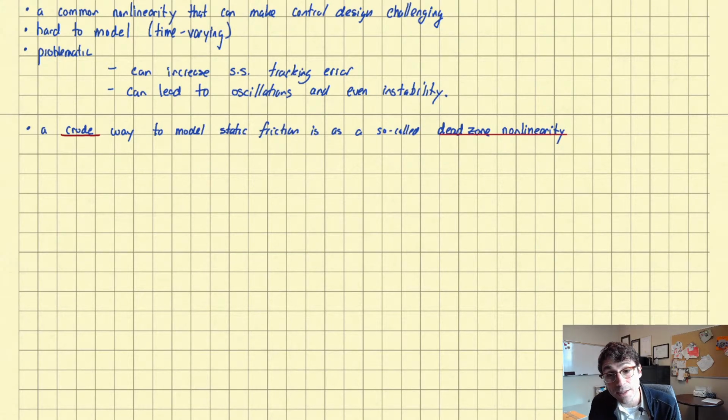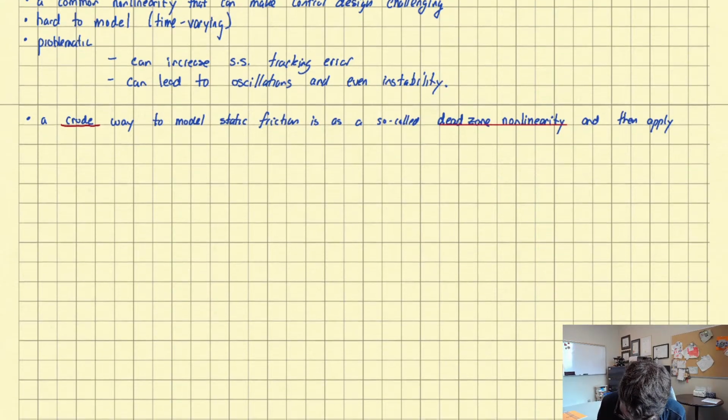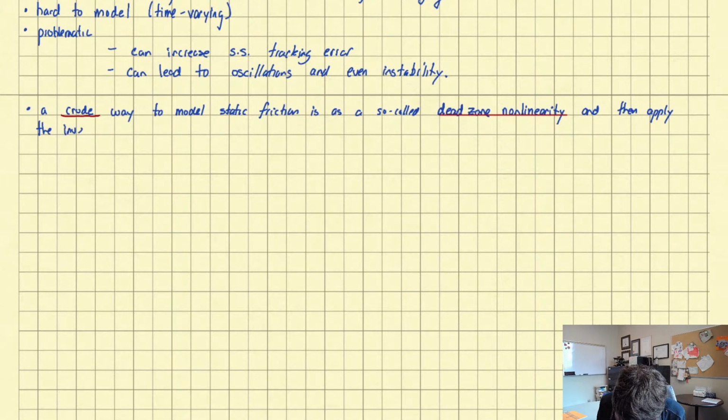We're going to draw it in a moment, but that's a static nonlinearity that is right invertible, and it appears at the input of our system. The basic idea is that we crudely model static friction as a static nonlinearity. It's not, but that's the crude model. And then we apply the inversion approach of section 5.3.